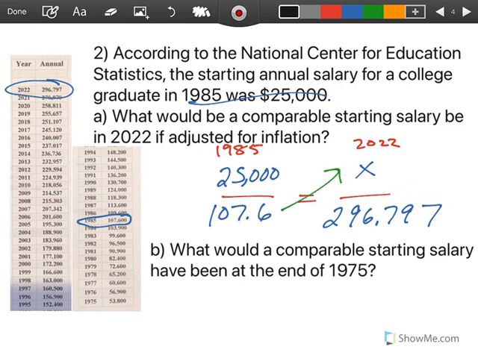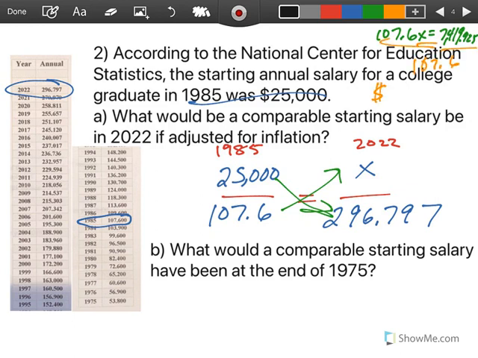I cross multiply. I'm out of room. So I'm going to take my 107.6x equals, I don't know, I can't find it. 7,419,925. Divide both sides by 107.6.